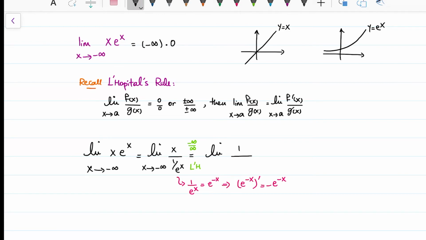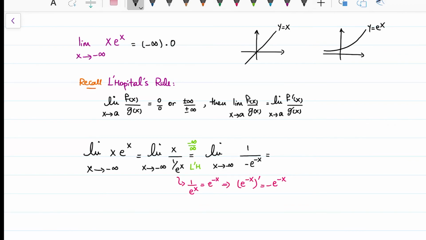Great. So let me put the denominator in here, negative e to the negative x, as x goes to negative infinity.